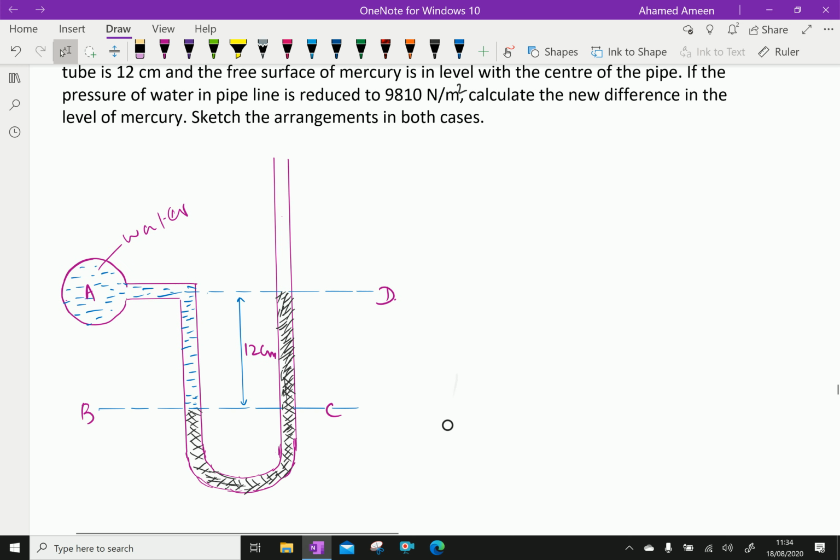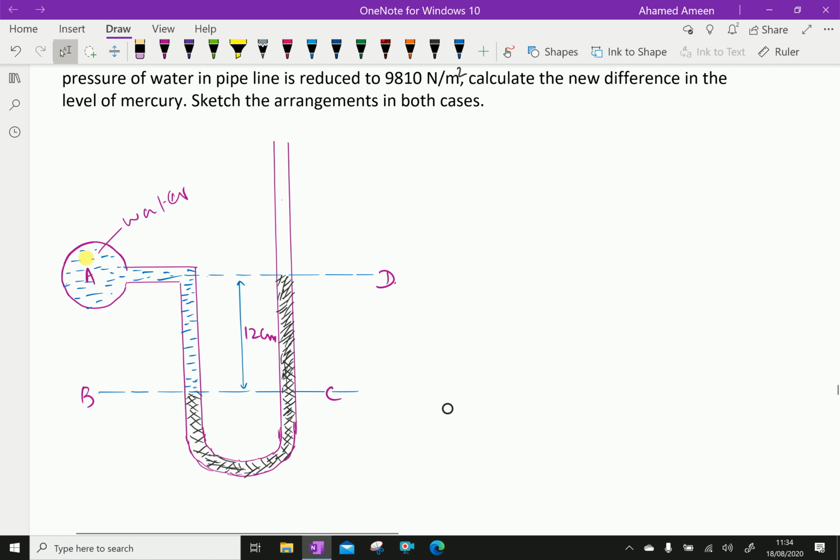Here, look at this sketch. On the left side, the water pipeline is A and it is under pressure, so it pushes the liquid, that is mercury, this much.